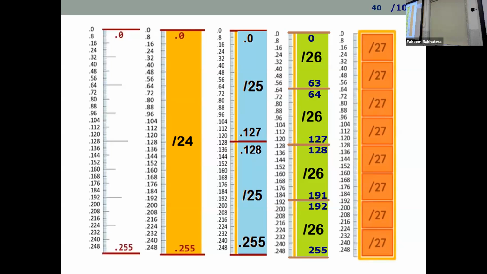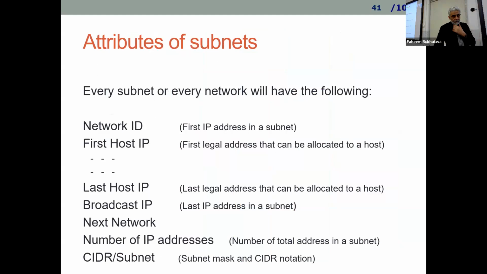How many? The difference between them, 27 minus 24, is 3, and 2 to the power 3 gives you 8. So there's a quick way of working out how many subnets you can have, or how far you need to go to get a certain number of subnets. But don't let it worry you too much.